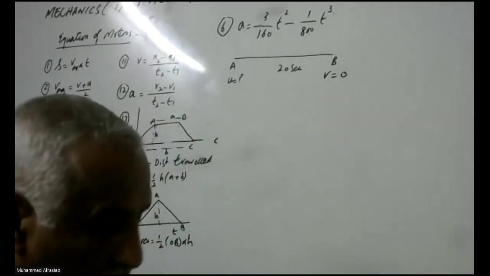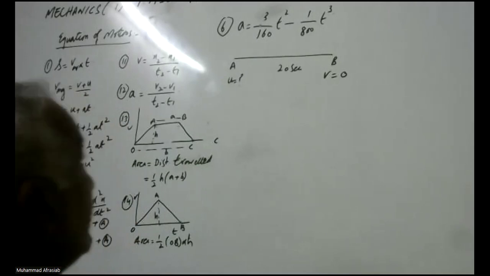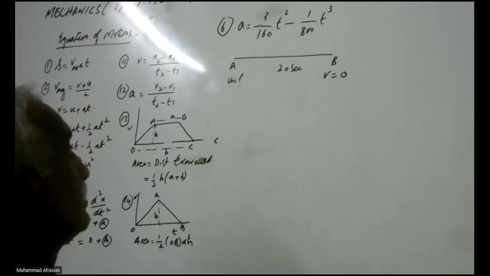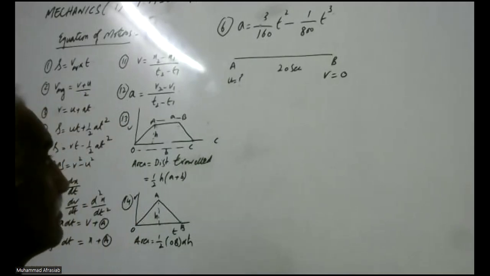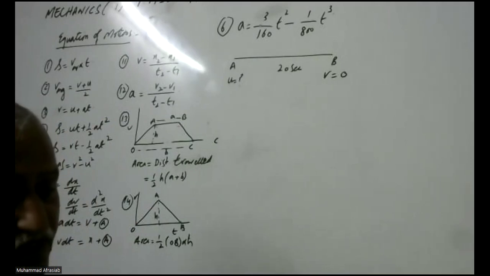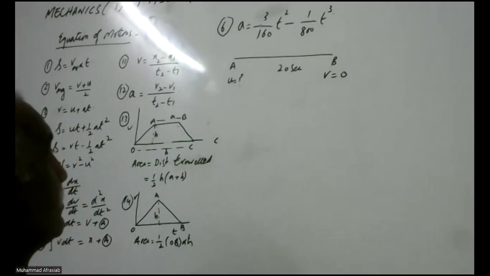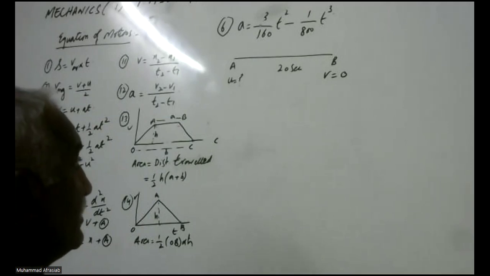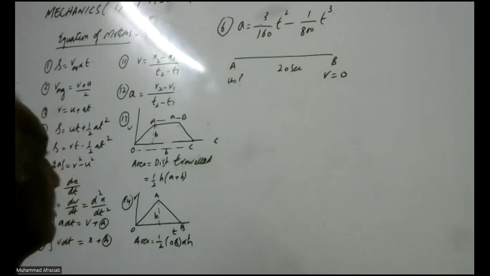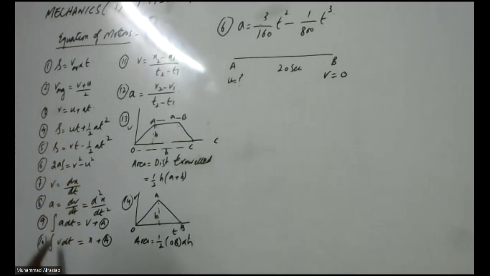Now, we know that acceleration is given as 3 over 160 t squared minus 1 over 800 t cubed, where it is going to stop at B. And we know that from this acceleration, if it is integrated, then it is going to give us velocity plus a constant of integration. So first we are going to integrate this for the velocity.